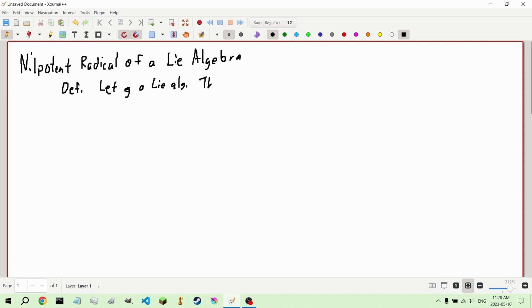The nilpotent radical, as opposed to the regular radical, which is solvable.